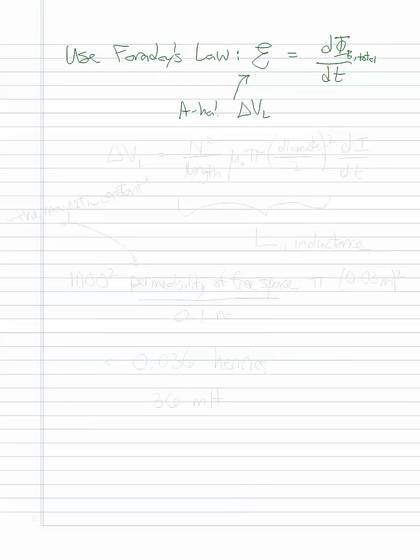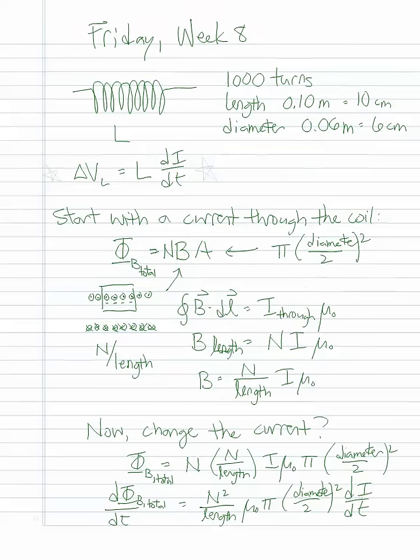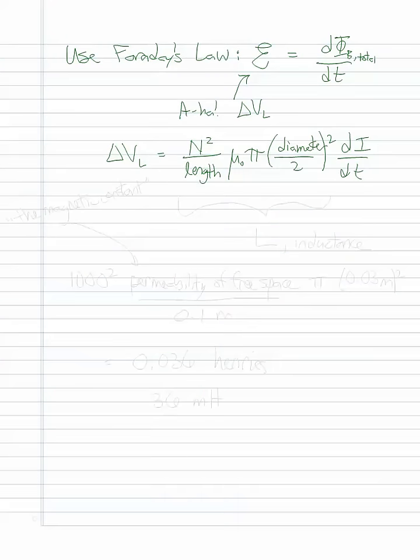Okay, so that means that I'll write delta V is equal to, and I'll just copy what I have from down there, N squared all over length, mu naught, pi, diameter over 2 squared, di dt. And so I look back here at the definition of what L means, and it means that this whole thing right here must be the inductance.